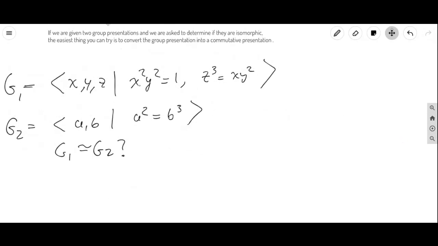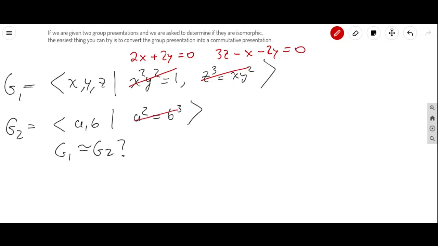So this is not the perfect answer, but it's a good thing to try because it's the easiest thing you can do. You can convert this into the abelian problem. So instead of x squared, y squared is equal to 1, you would turn this into 2x plus 2y is equal to 0. You would turn this into 3z minus x minus 2y is equal to 0.